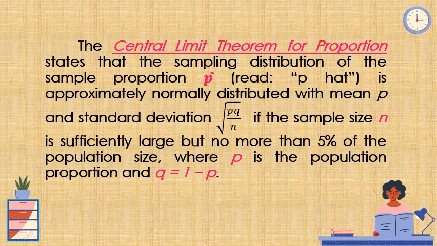The central limit theorem for proportion states that the sampling distribution of the sample proportion, or P, which we read as P hat, is approximately normally distributed with mean P and standard deviation square root of PQ over N, if the sample size N is sufficiently large but no more than 5% of the population size, where P is the population proportion and Q is equal to 1 minus P. Q is the complement of P, so its formula is 1 minus P. In our next lesson, you will understand more about the population proportion.